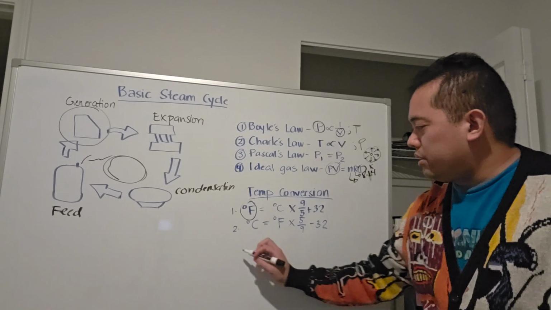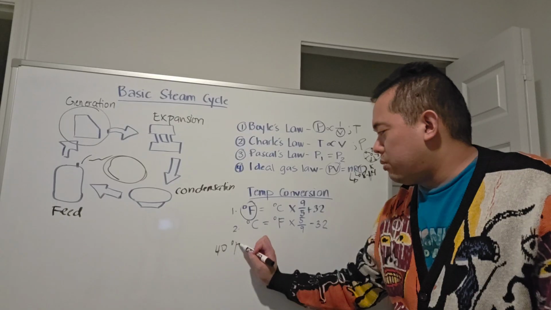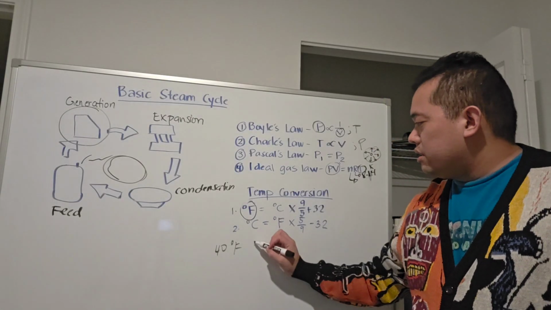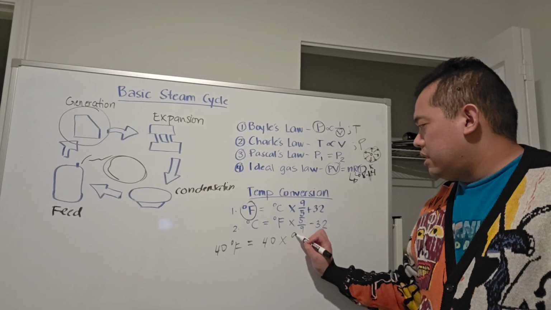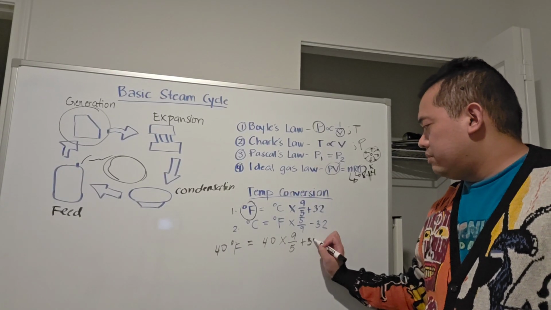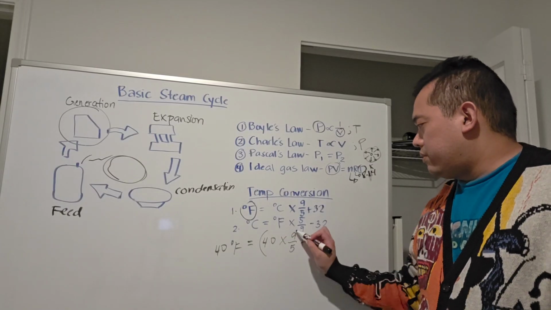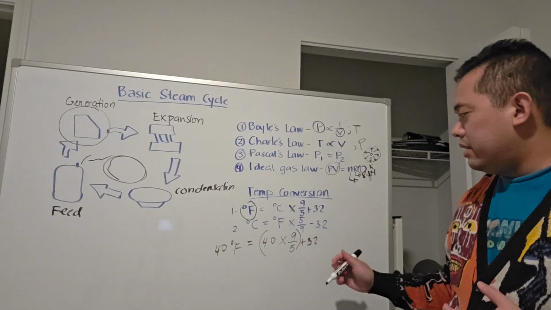So for example, we're going to convert 40 degrees Celsius to Fahrenheit. So it's equal to 40 times 9/5 plus 32. All right, we're gonna do this one first. So 40 times 9/5 and then 32.